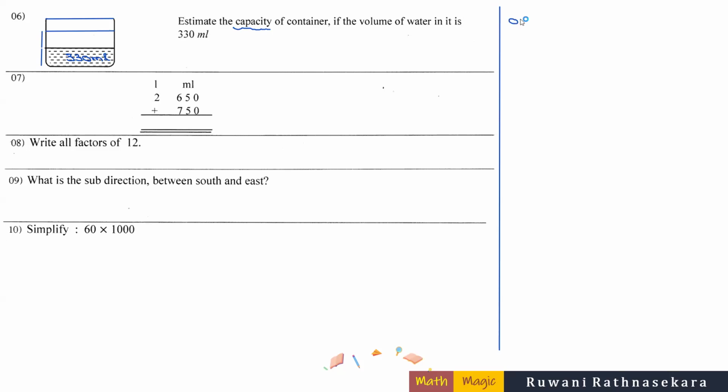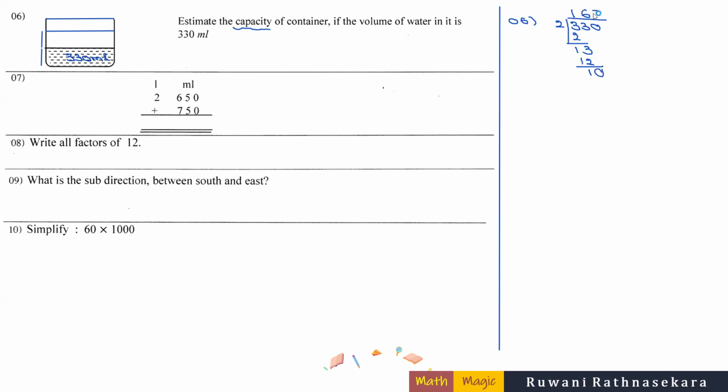Therefore, firstly, we'll find half of 330. For that, you have to divide 330 by 2. 2 times 1 is 2. For 13, the number of 2s is 6. 1 remains. 12, 1 remains.